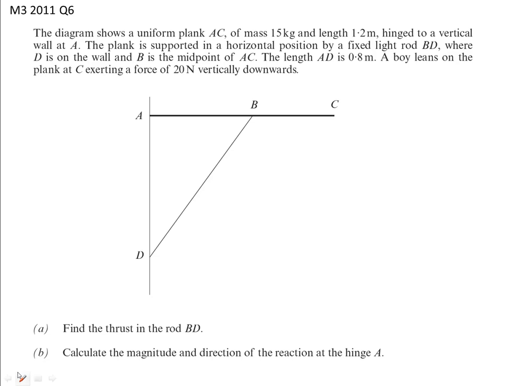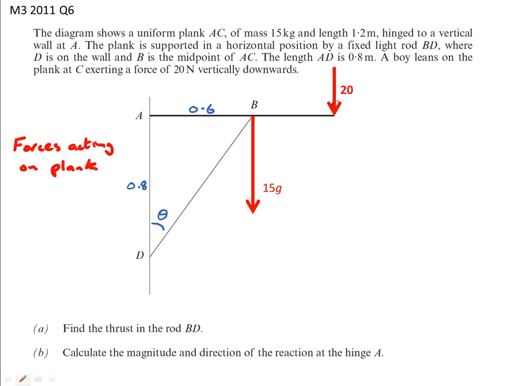So we have to find the thrust in the rod BD, and we also have to calculate the magnitude and direction of the reaction at the hinge. We'll start by putting the measurements that we know onto the diagram. And now we will add the forces that are acting on the plank AC. We have the weight of the plank, which is 15g.